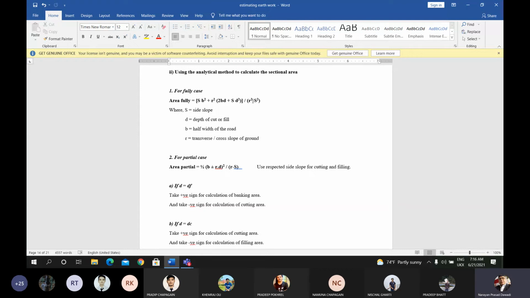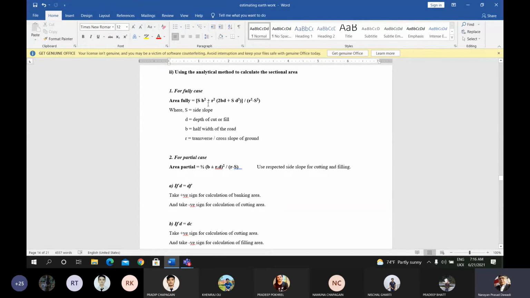Okay, fully case area. If depth is provided in filling, then the area will be fully filling. And you have to put the slope of the filling, s, and the depth of the filling, d. If this is the fully case of filling, then provide the slope of filling and the depth of filling.